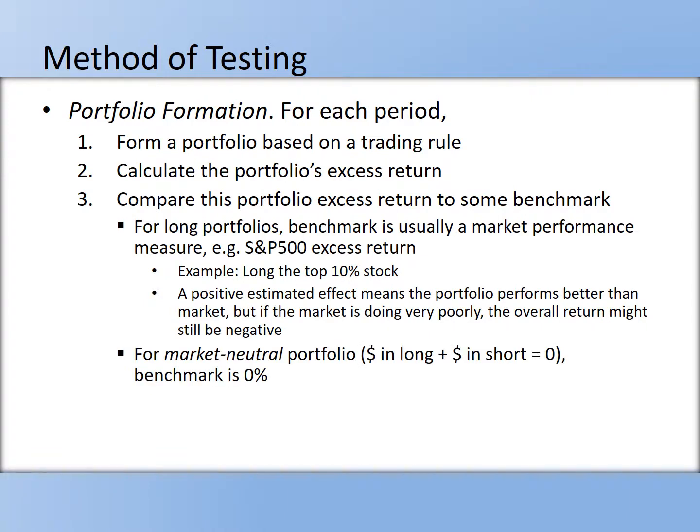So hedge funds like this idea of a market neutral portfolio. In other words, the money you spend in buying stocks is offset by the money you spend in short selling stocks. So theoretically, in total, you spend no money, right?